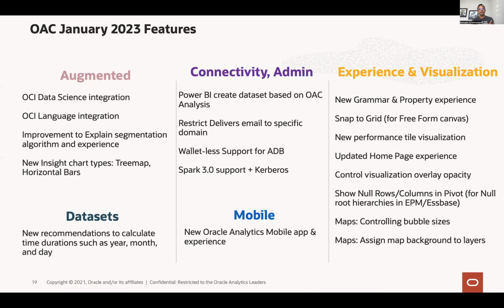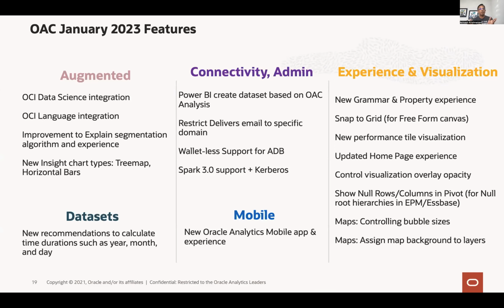And for all the Essbase and EPM customers, there are new enhancements that we've added, especially when you work with hierarchies. If your target or your parent node has a null value, the child would not display any data, but we've now added an option that will allow you to show data for your child, regardless of whether your parent node has a value or not.